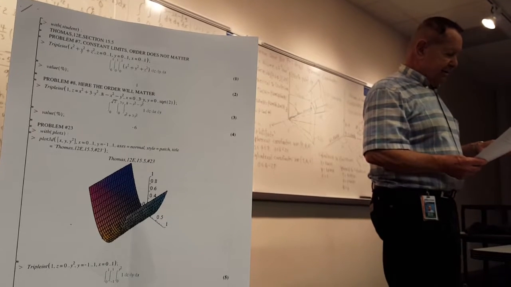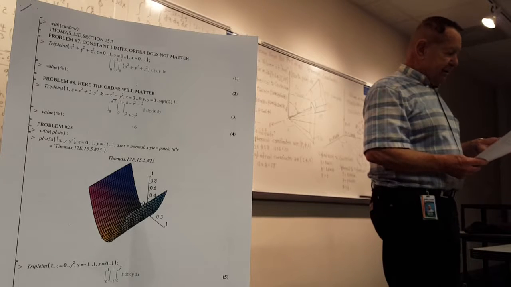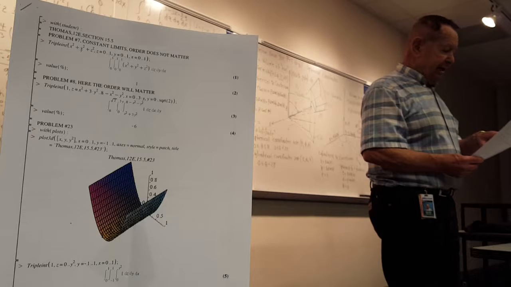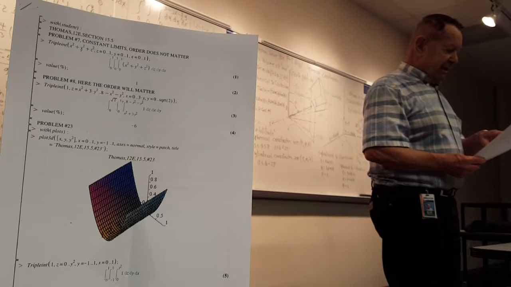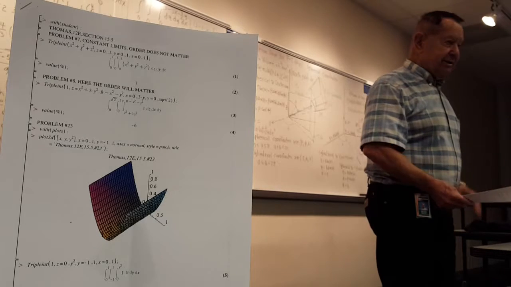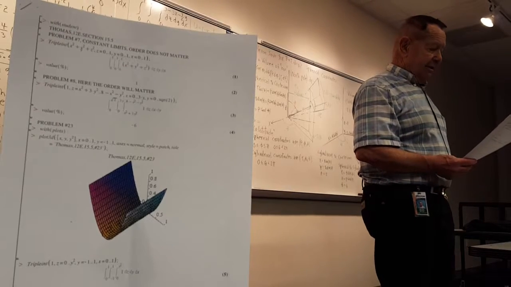Notice that with a thing like 7, where you had constant limits, it wouldn't really have made any difference which of the 6 orders you followed.